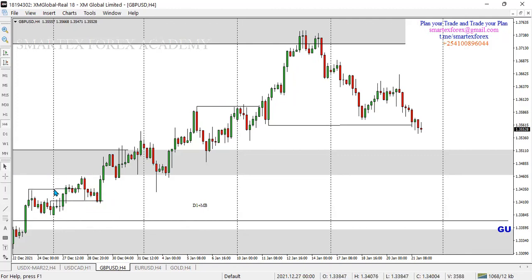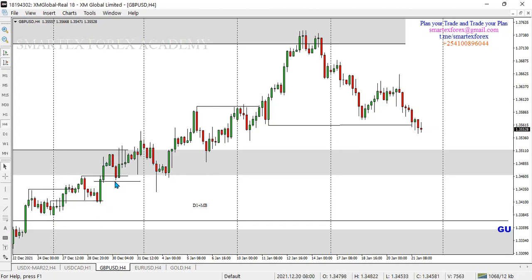You can see after this structure break, the price came back to the discount array. Again, we have another structure break here.